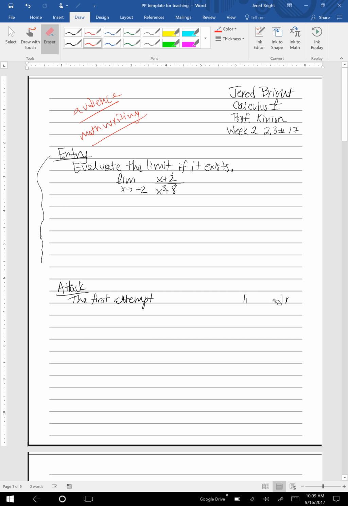Okay, so let's erase all this. So the first attempt we make at evaluation is the direct substitution property.